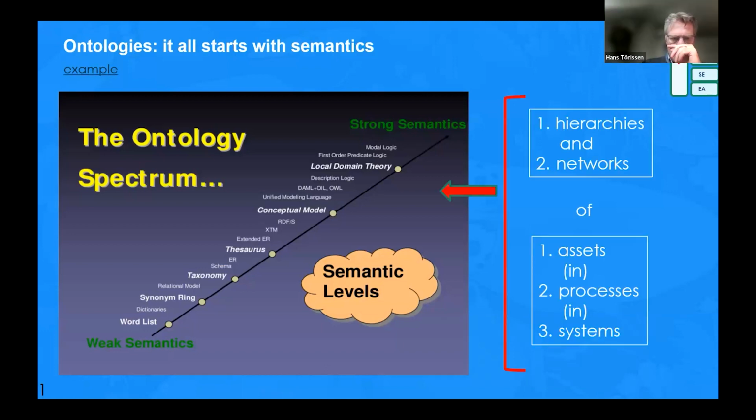And what you see at the moment is that to describe it well, you have to start really high with hierarchies and networks of those assets, processes and systems, and you should use the RDFS and OWL kind of frameworks behind setting up the ontologies with the graph systems, which are there if you put real entities on it.